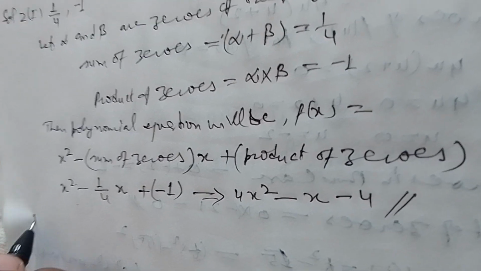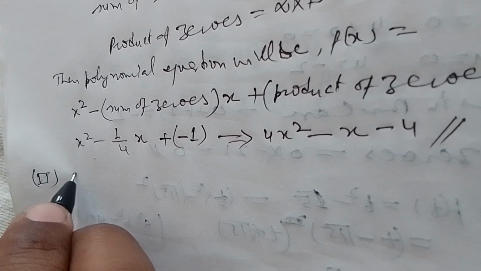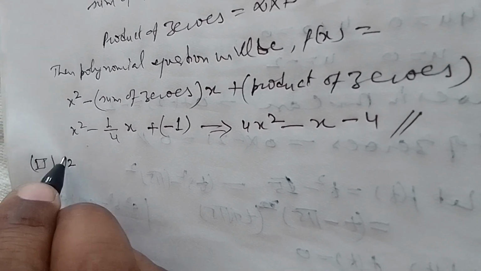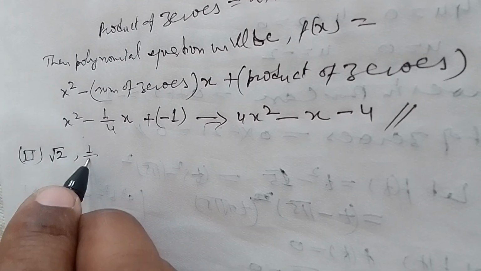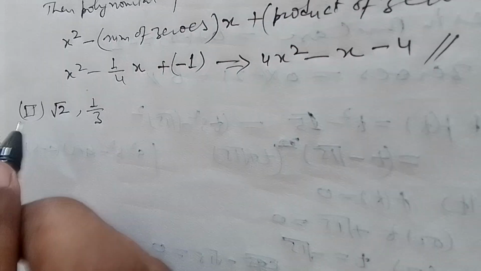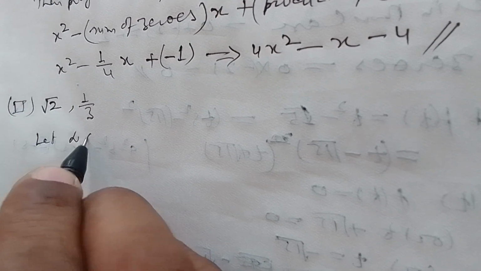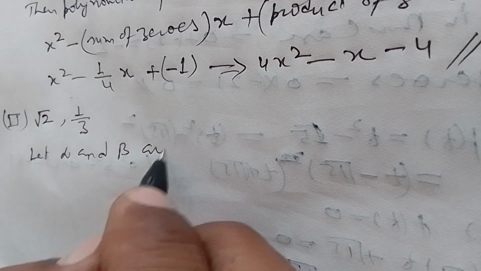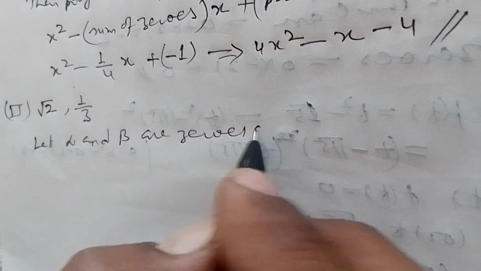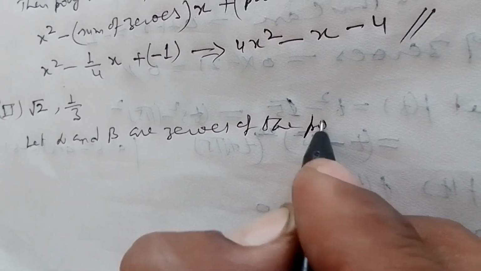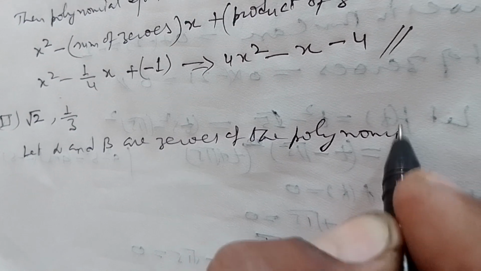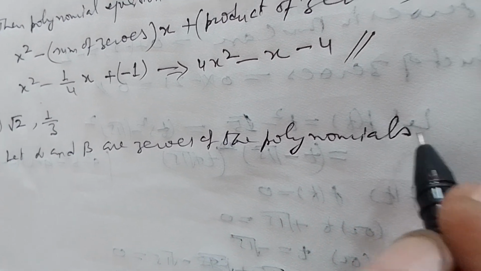Now the second part of the question is, the sum is given as under root 2 and the product is given as 1 by 3. Again, let alpha and beta be the zeros of the polynomial equation.